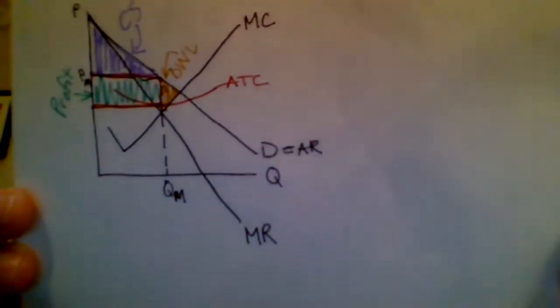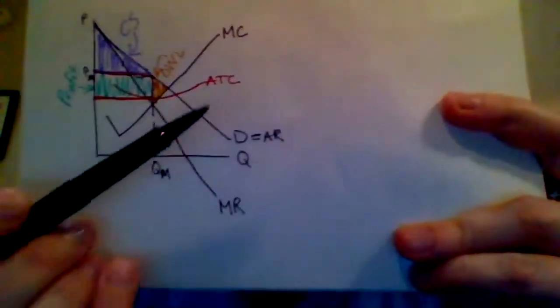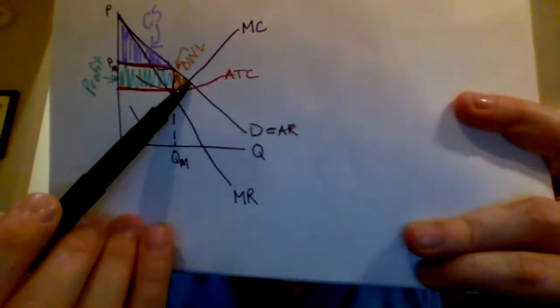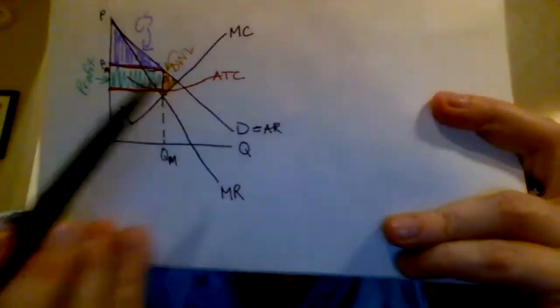So if the test asked you to identify the socially optimal quantity, you would want to identify it at that point right there. This would be quantity socially optimal. I labeled it QSO.